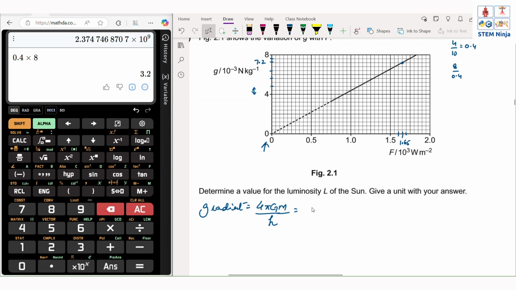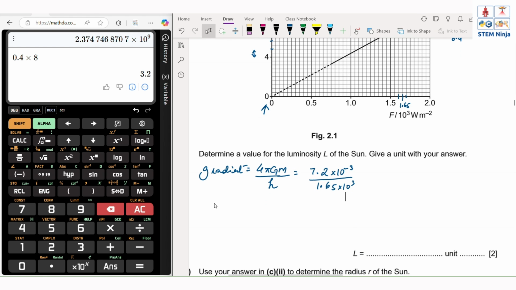So we have gradient equal to 7.2 times 10 raised to power minus 3 divided by 1.65 times 10 raised to power 3. For luminosity, we just cross multiply.